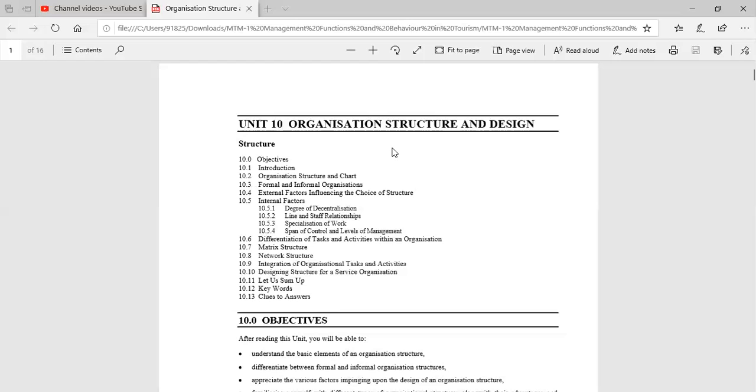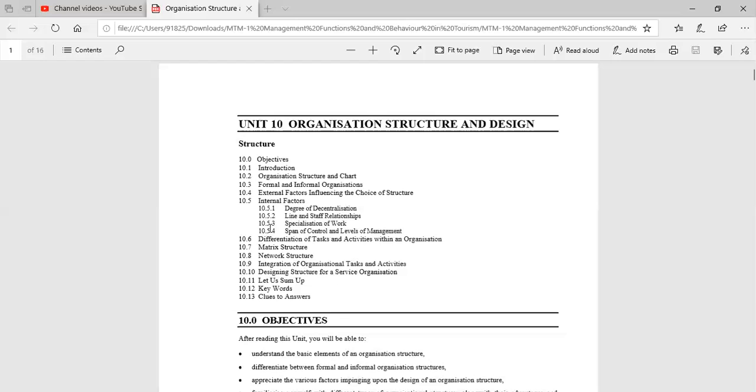So external factors which affect how you make your organization, like posts and everything. And internal factors. So internal factors are the factors which are inside your company. So after that, differentiation of tasks and activities within your organization. So matrix structure will be there, network structure. So integration of organization tasks and activities.